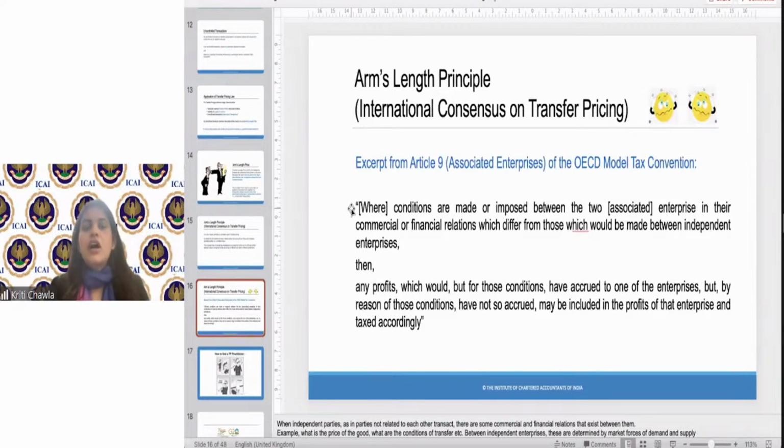Okay. So Article 9, which is on associated enterprises and is provided in the OECD Model Taxation Convention, says: where conditions are made or imposed between associated enterprises in their commercial or financial relations, which differ from those which would be made between independent enterprises, then any profits which would, but for those conditions, have accrued to one of the enterprises, but by reason of those conditions have not so accrued, may be included in the profits of that enterprise and taxed accordingly.